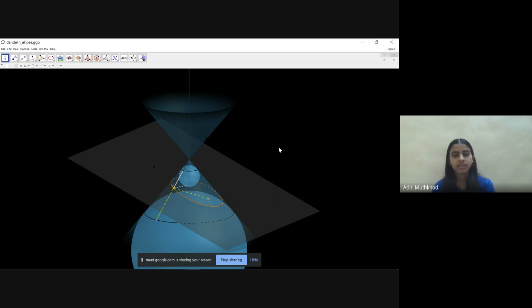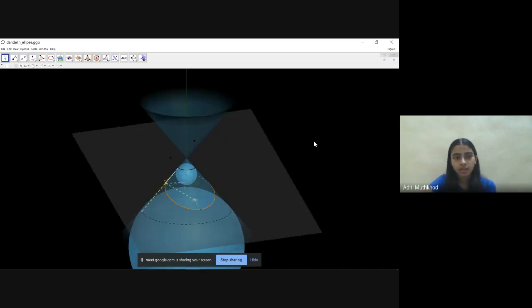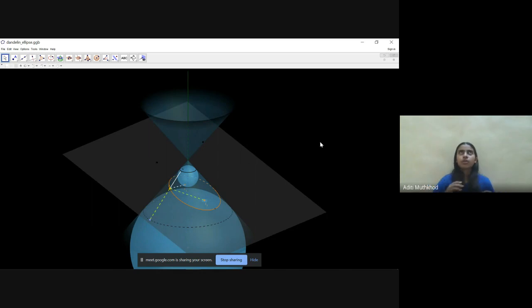The cone is tangent to the sphere at this circle, and this is the circle where the cone is tangent to this sphere. Okay, so what do we know about tangents to a circle from a point?